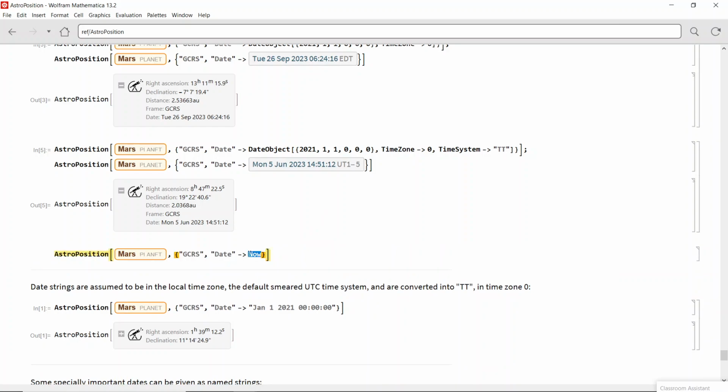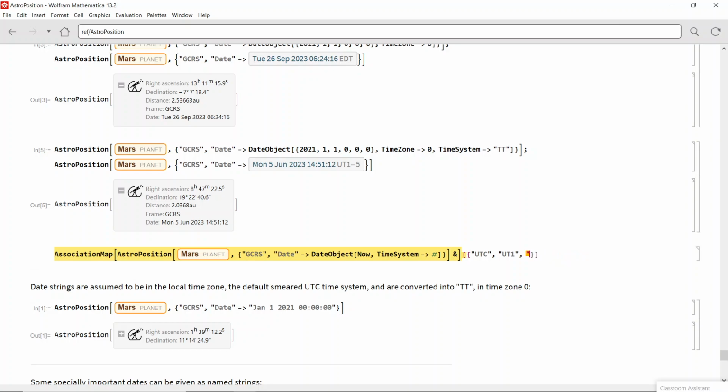I'm just curious, what if I compare the different time zones with AstroPosition. Association map. So there's UTC, UT1, UTC smeared.